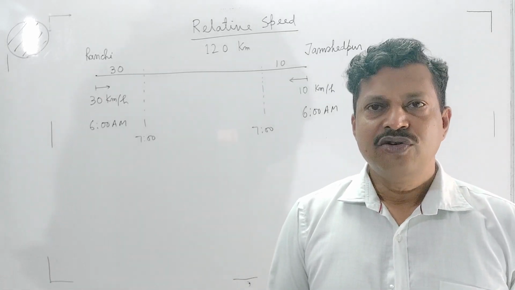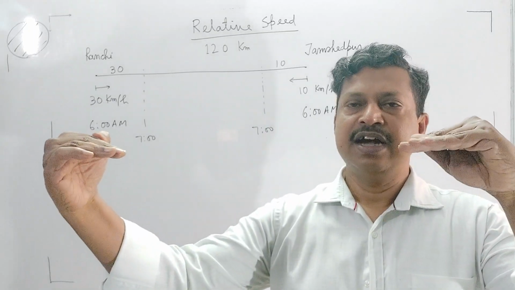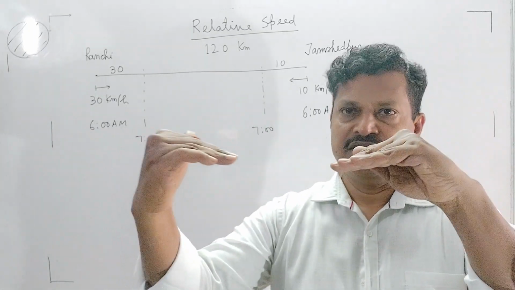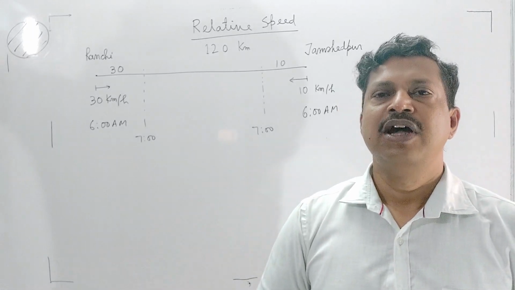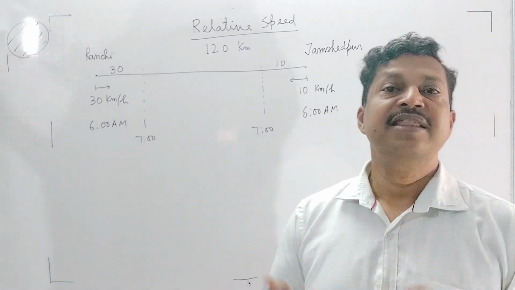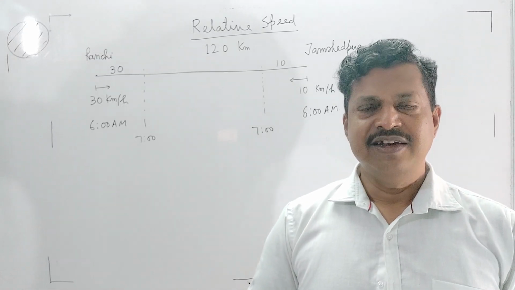All right. So can we understand that if both the cars are moving towards each other, relatively they are reducing the gap by the sum of their speeds, and that's what the relative speed is. So if I formulate, what is the formulation?